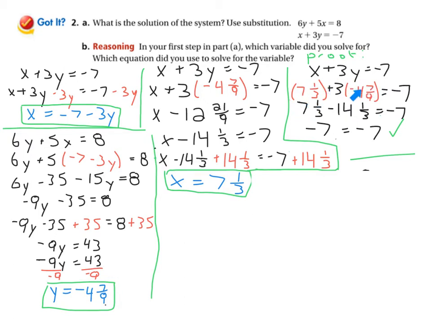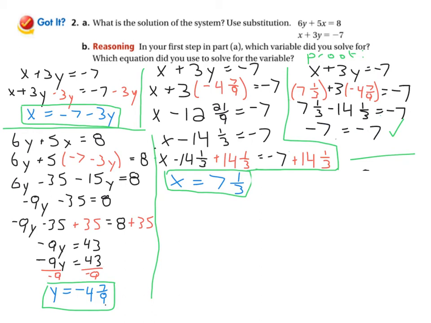That becomes -12 and 21/9. Remember, we did that over here, and we found out that it was equal to -14 1/3. So if we have -14 1/3 and we add 7 1/3 to it, that brings this back up to just -14, the third does, and then the 7 brings us up to -7. So we're at -7 equals -7.